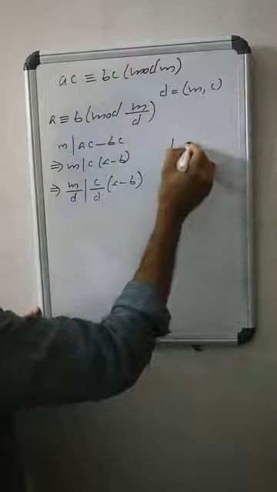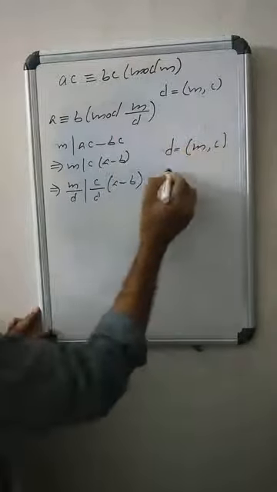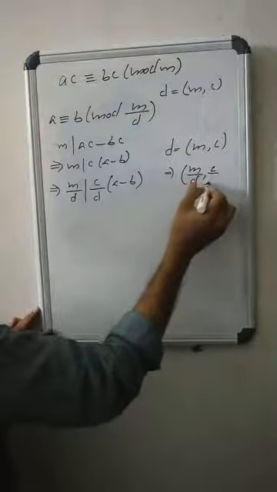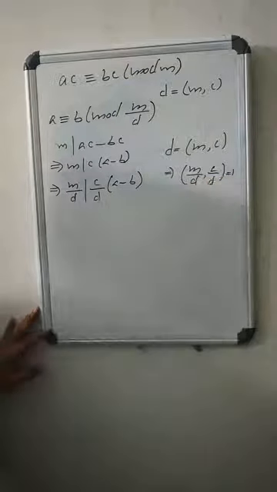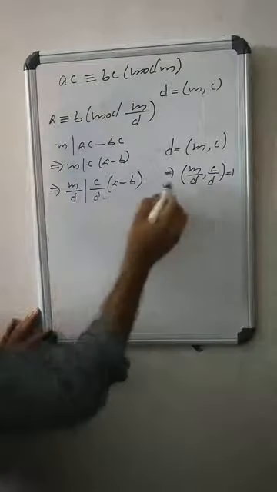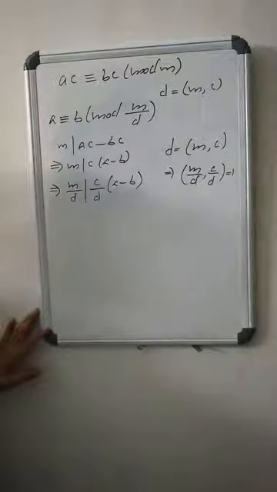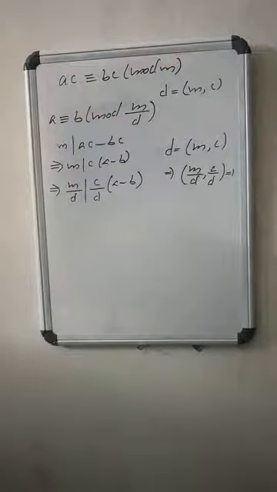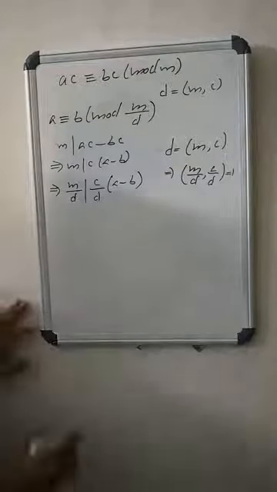D is the GCD of M and C. So that means M by D and C by D are relatively prime to each other, as well as M by D divides C by D times A minus B.